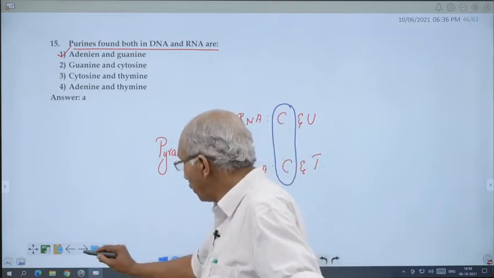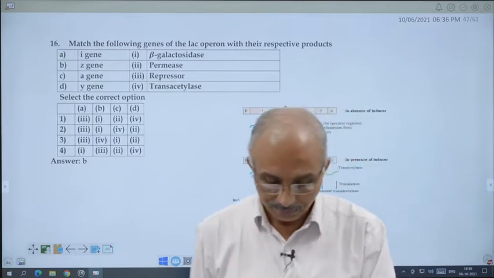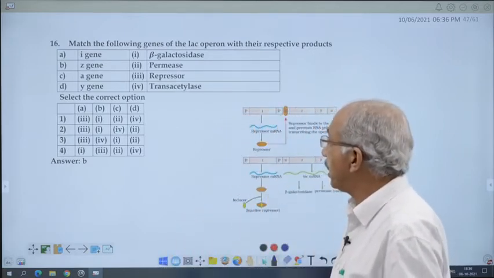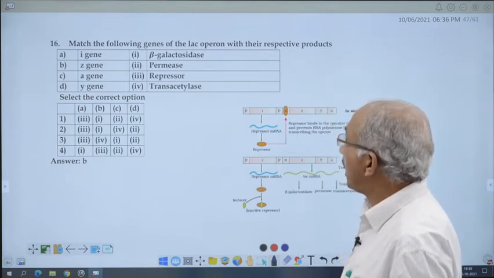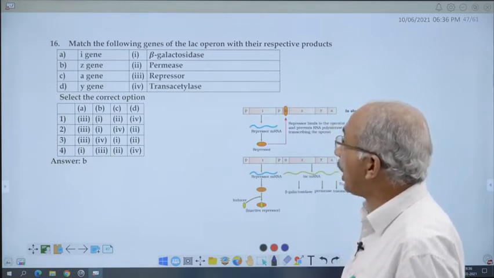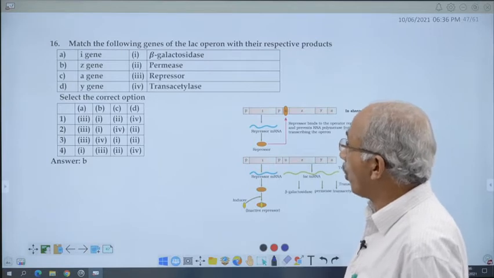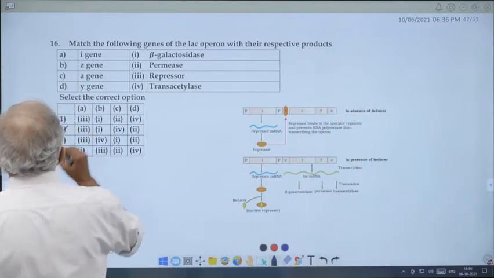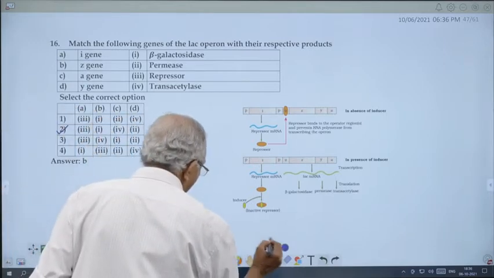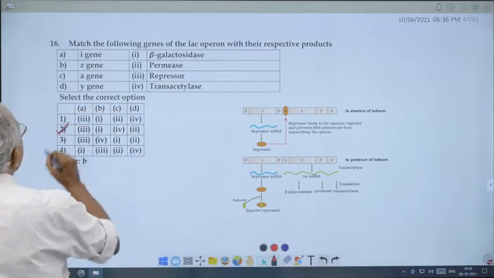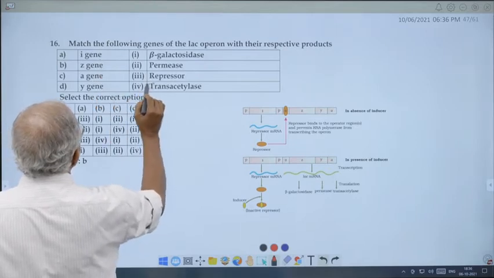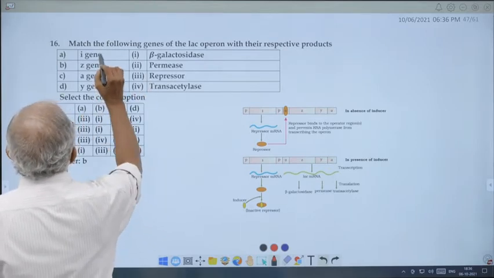Next, question number 16. It is a match the following: match the different types of genes in the lac-operon. Answer is B. That is, I gene produces the repressor.